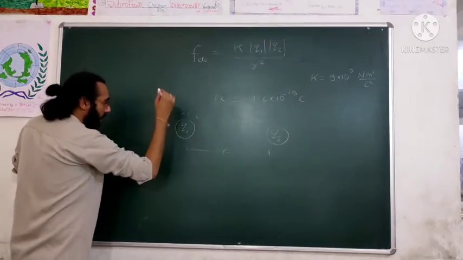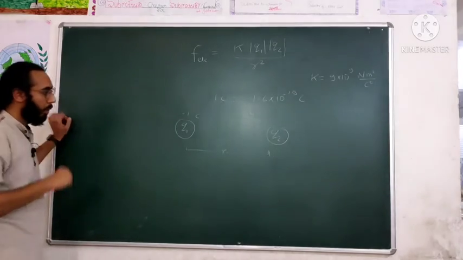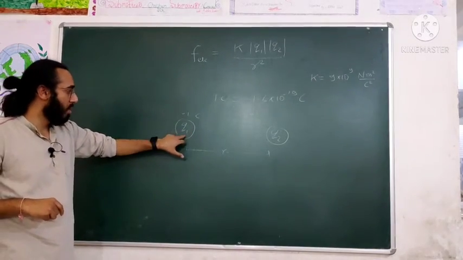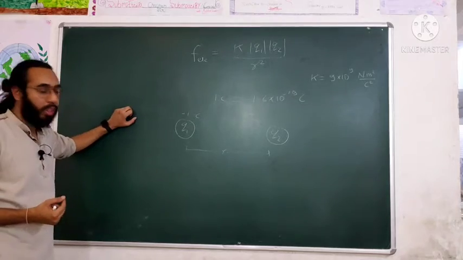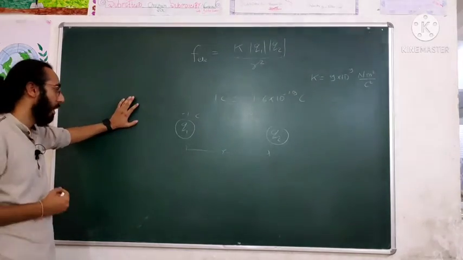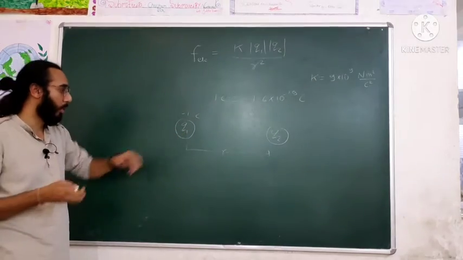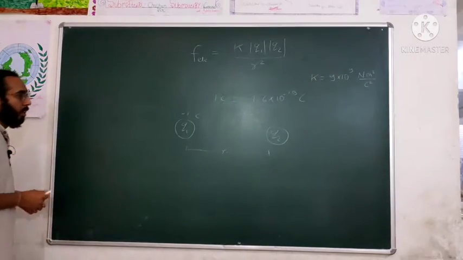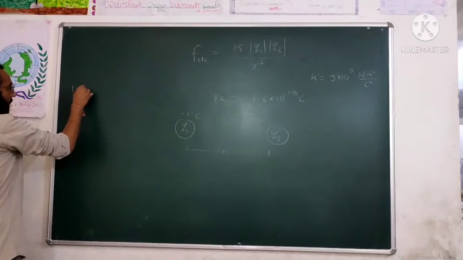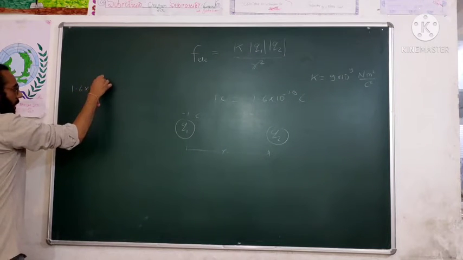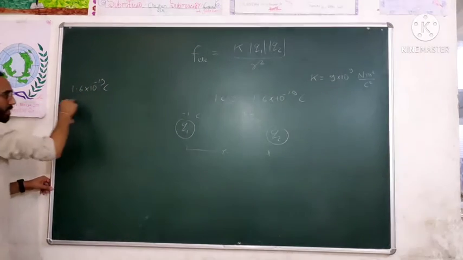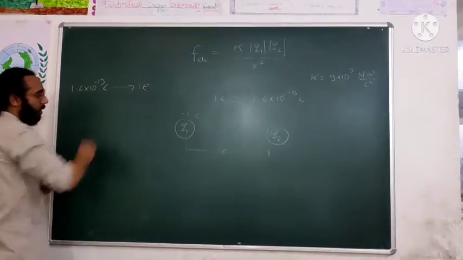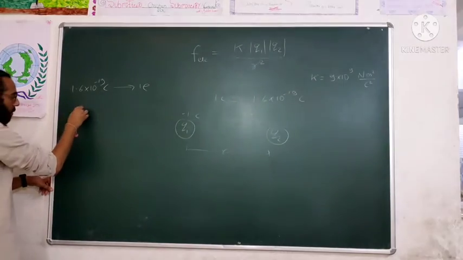Suppose we give excess electrons to it, providing minus 1 Coulomb charge. The question that arises is how many electrons I have to provide to this point object. Let's understand this. 1 electron has 1.6 into 10 to the power minus 19 Coulomb charge, and our charge is 1 Coulomb.